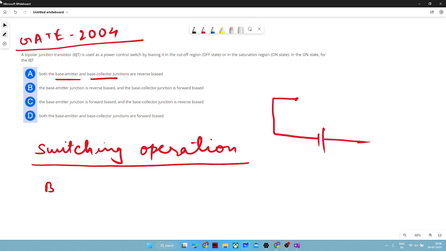So it will typically be in the form of NPNP like that.